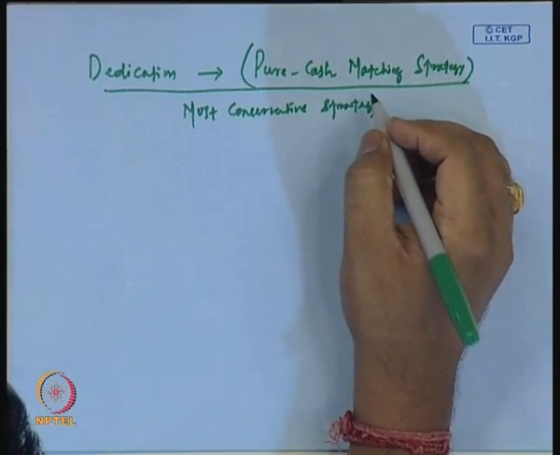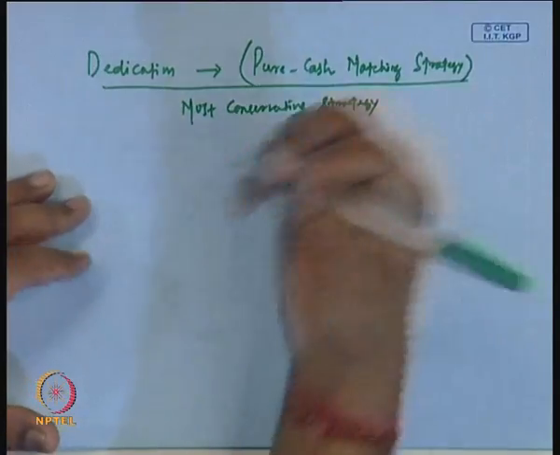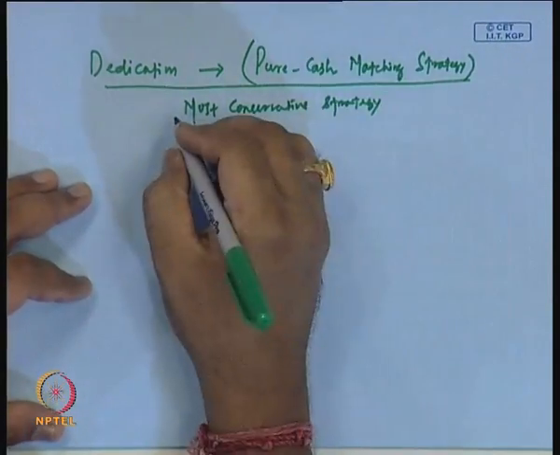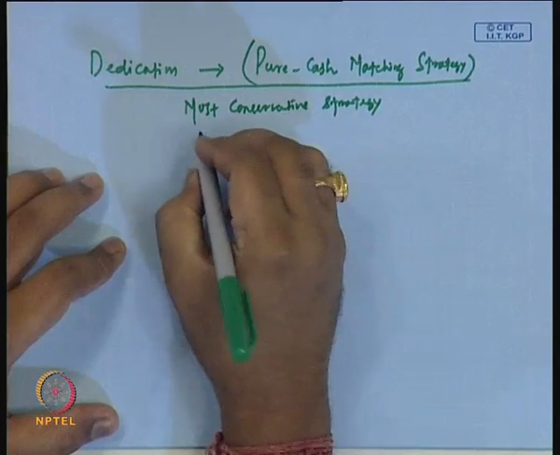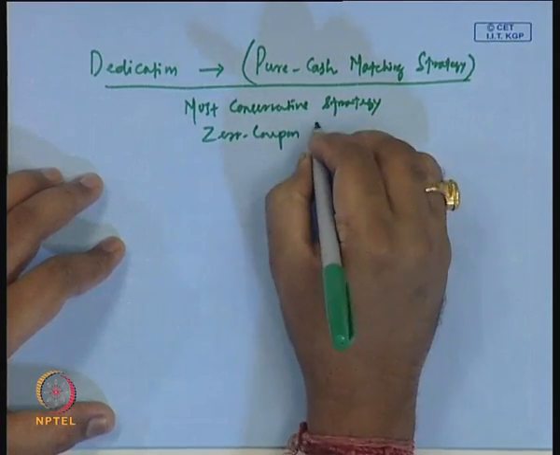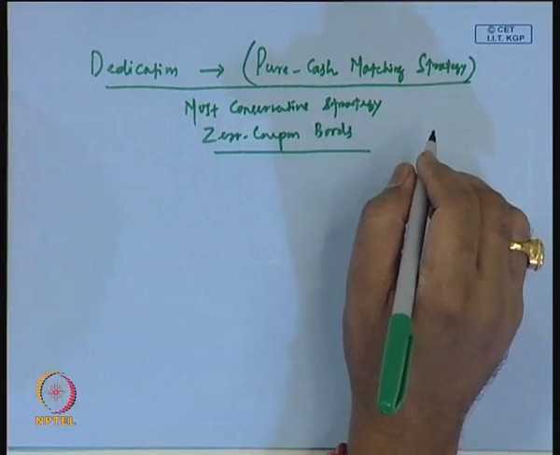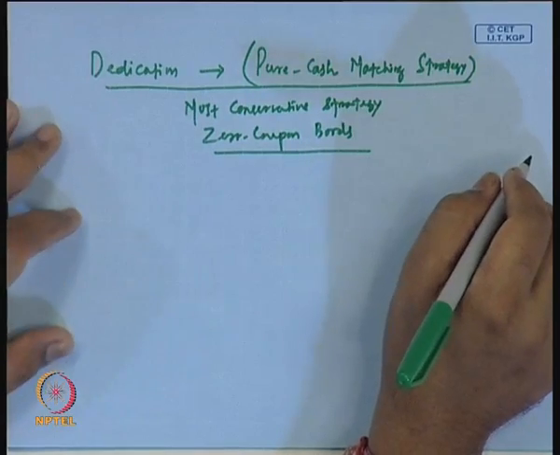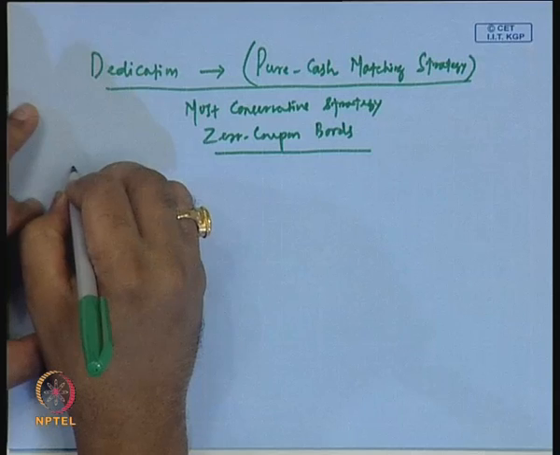How does it work? Just observe here. I can already tell you that the best instrument for following this dedication strategy is zero coupon bonds. So what happens in a zero coupon bond? Suppose a liability of a particular investor has been given for 10 years.